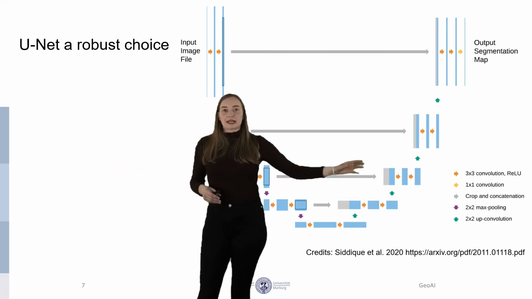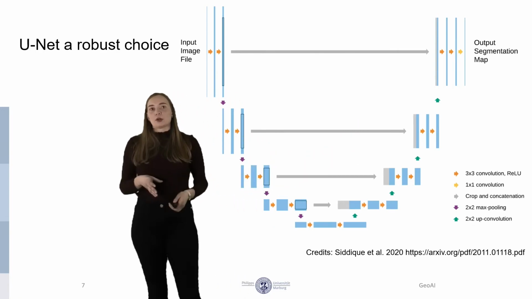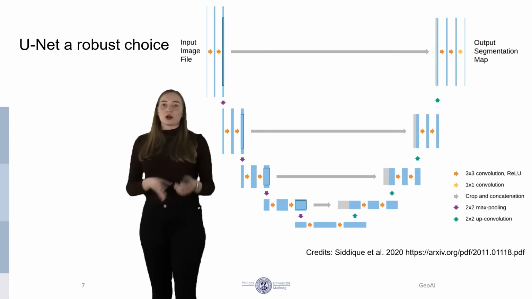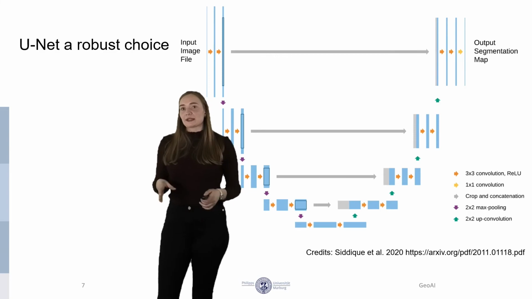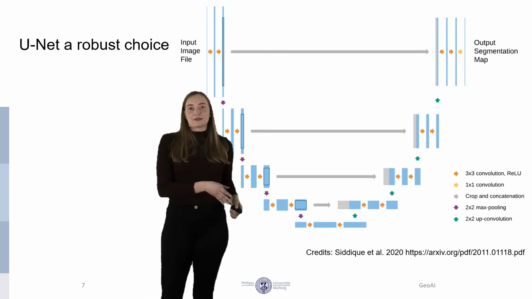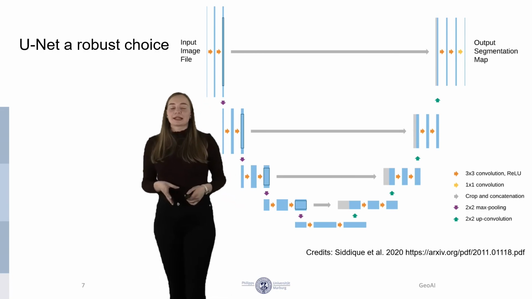We then get back to our original image size, and when we have our output segmentation map, we get all our images as objects and also as classification. So we have an object-based classification of each pixel.